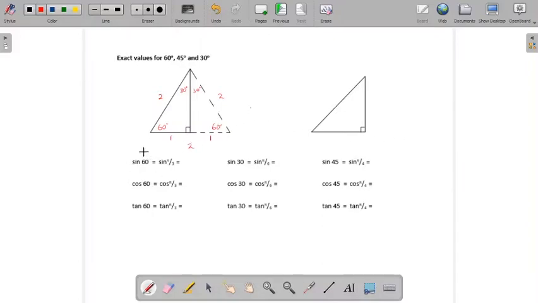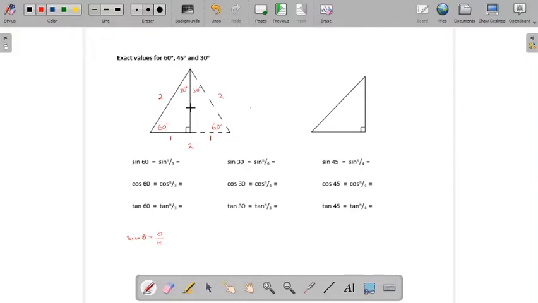If we think about right-angled trigonometry, we'd remember that sine theta is equal to opposite over hypotenuse. So sine of 60 is opposite over hypotenuse.